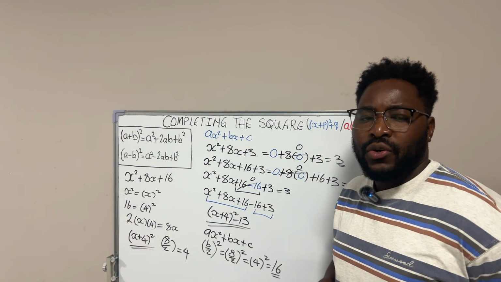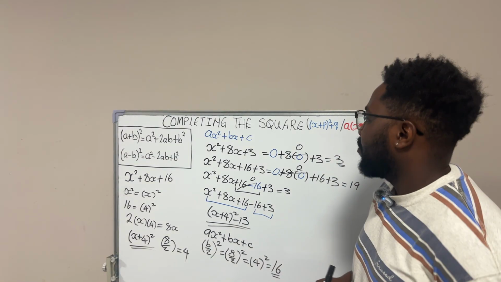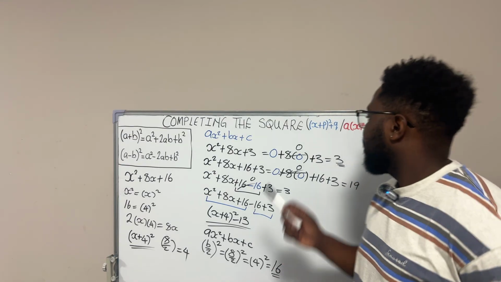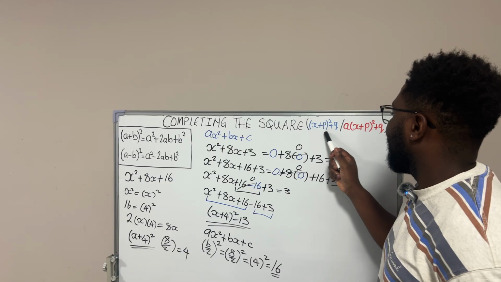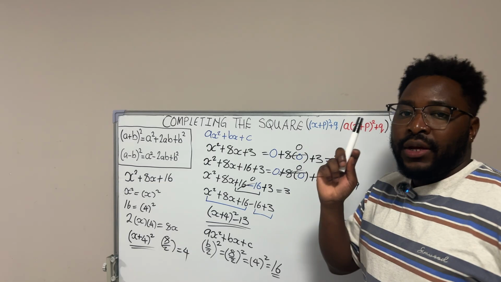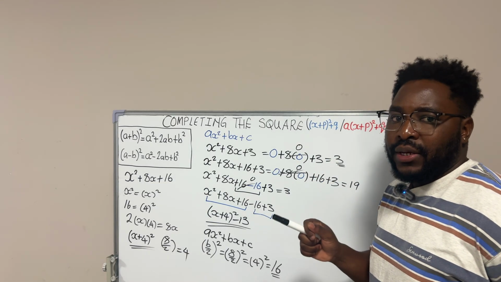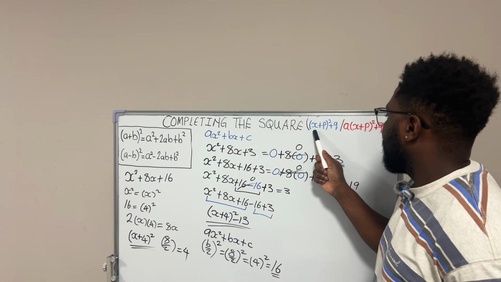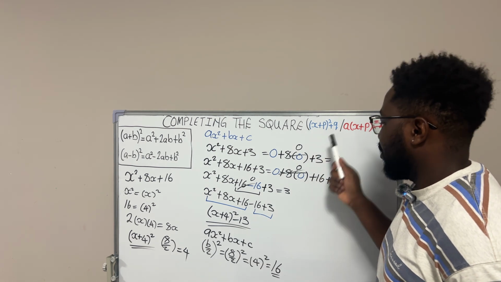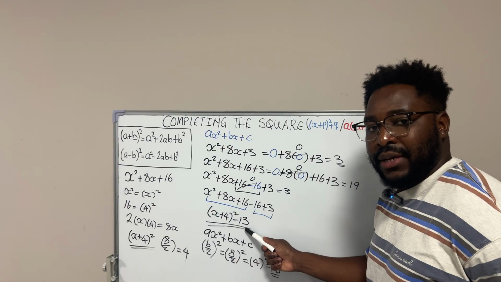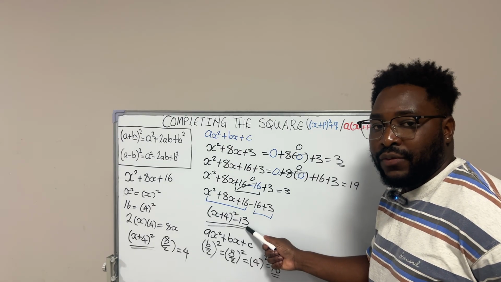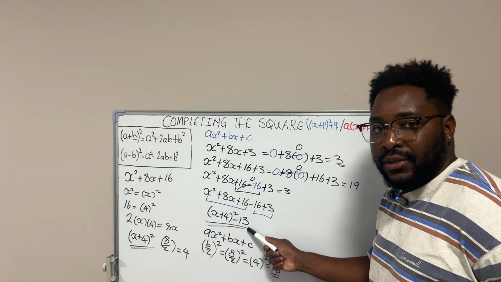Now, talking about completed square form, this right here is the completed square form when the leading coefficient is 1. And if we look at this completed square form here, it's the same as our solution over here, right? It's the same.